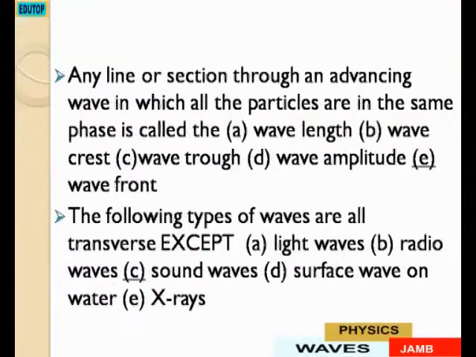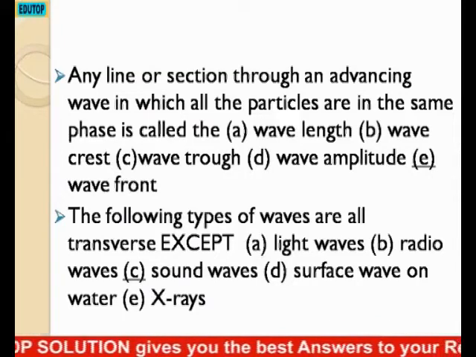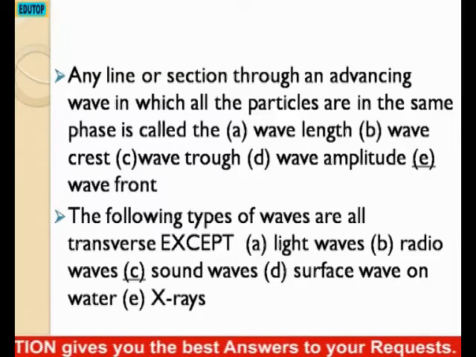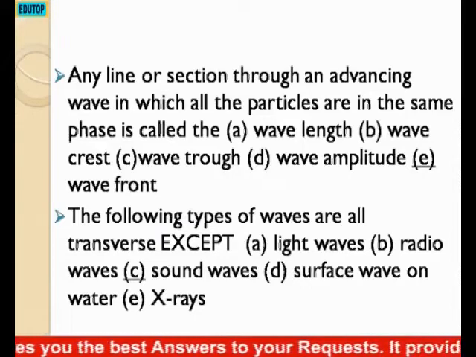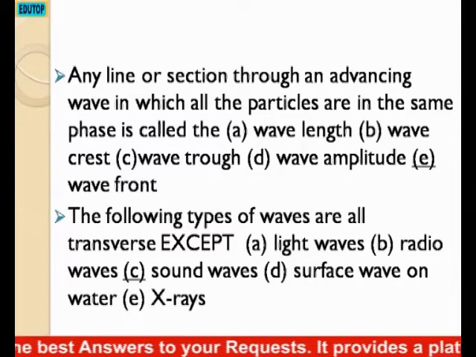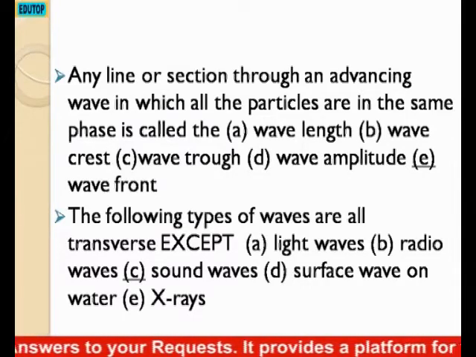Let's consider this question. The question says, any line or section to an advancing wave in which all the particles are in the same phase is called A. Wavelength, B. Wave crest, C. Wave trough, D. Wave amplitude, E. Wave front.